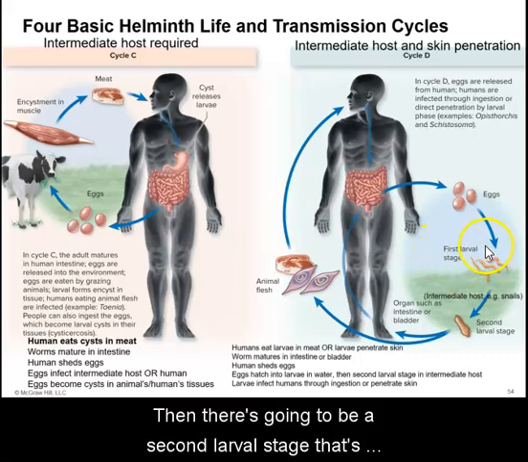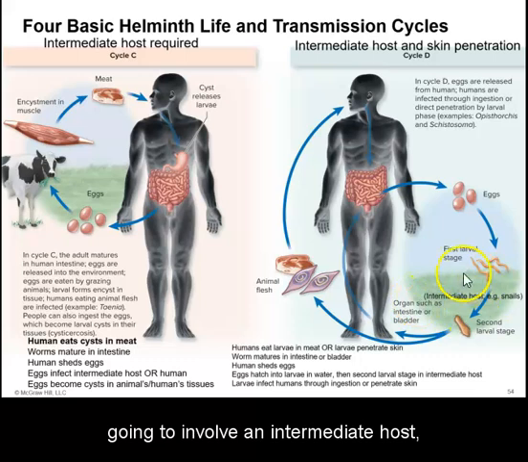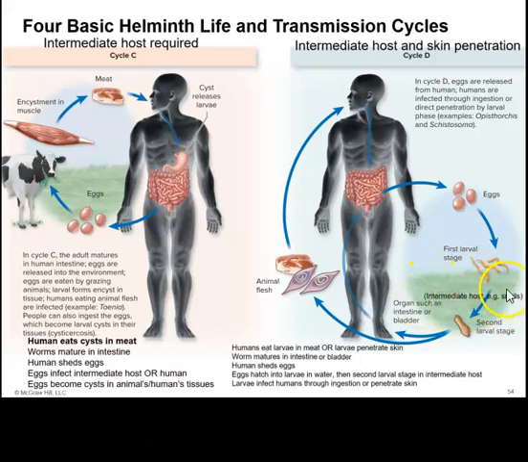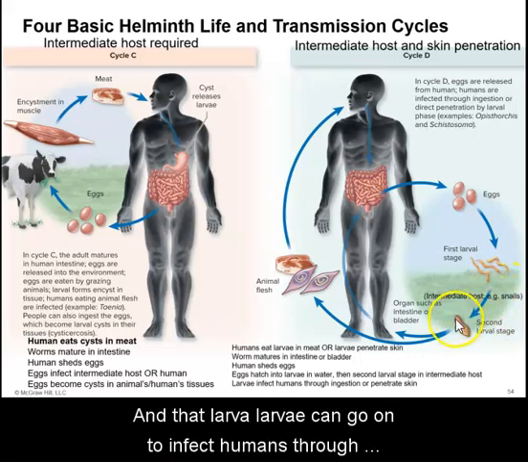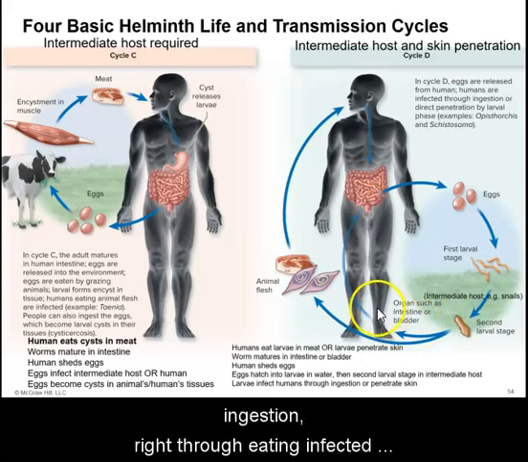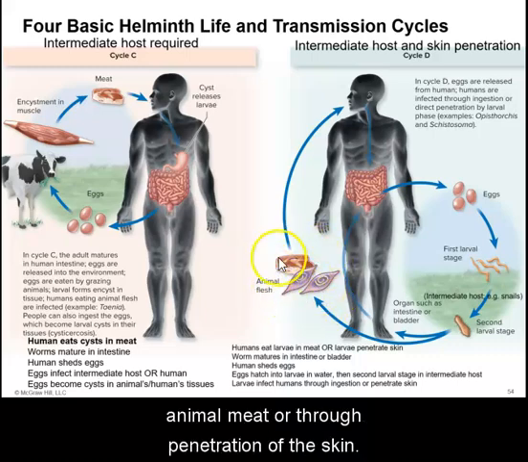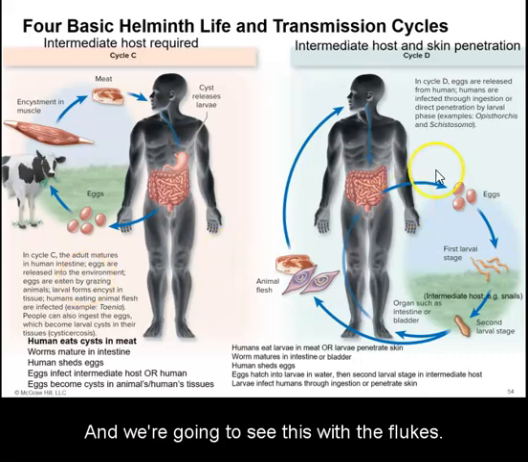Then there's a second larval stage that involves an intermediate host, often a snail. That larva can go on to infect humans through ingestion, through eating infected animal meat, or through penetration of the skin. And we're going to see this with the flukes.